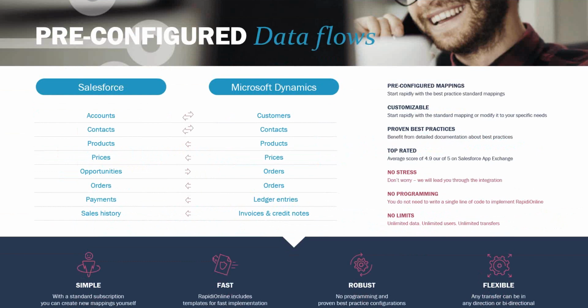So it's really simple. With a standard subscription, you can create new mappings yourself. It's very fast since we have a lot of work pre-done already. It's very robust. There's no programming, and we're using the best practice configurations. And it's flexible. You can set these transfers up to be any direction, bidirectional. Any of our pre-configured data flows, you can change that around to match your process as necessary.